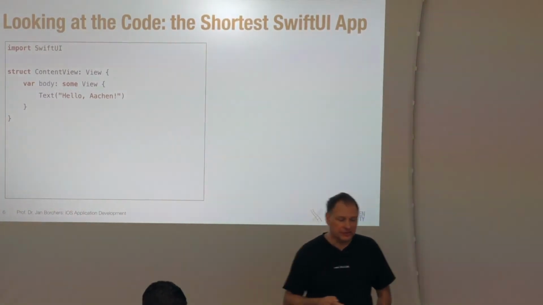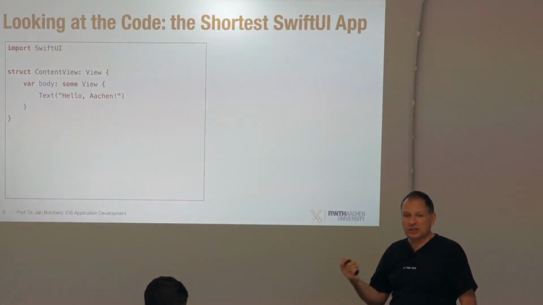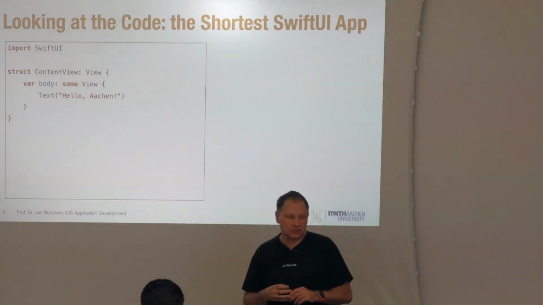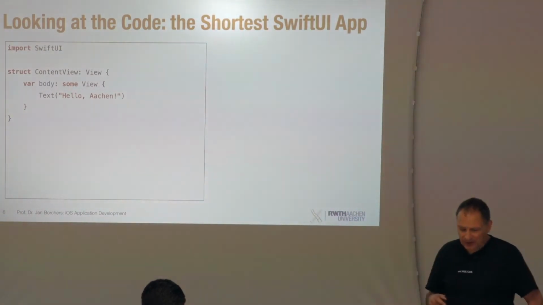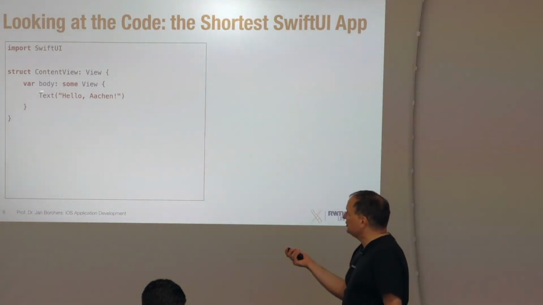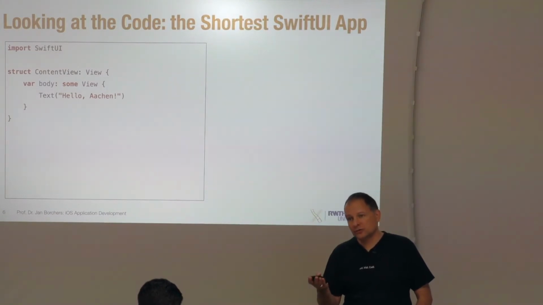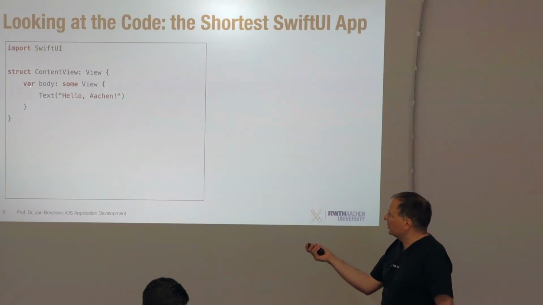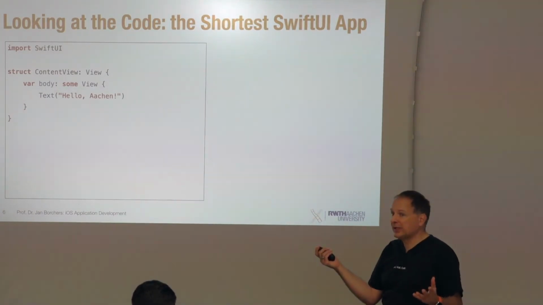So we now have created something of type text, and it gets a string to initialize itself. Maybe there's also one that doesn't take a string. We don't know, right? There could be several initializers, but this is an initializer. And text happens to be a struct that also conforms to the view protocol, right? So when this body variable computes its value, it's asked, hey, what are we looking like right now?